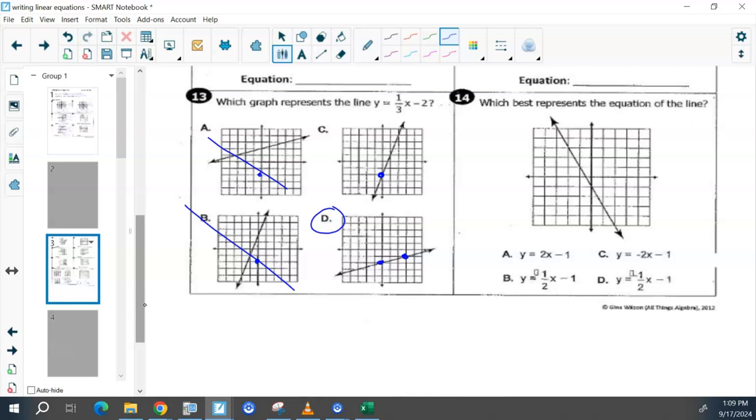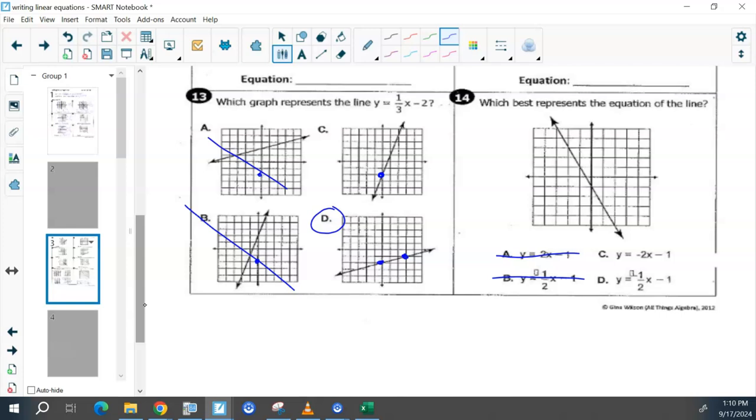Okay, questions on that? Okay. 14. Similar, but different. Now we have a graph, and we have to look at which of these equations matches. You can't eliminate based on the y-intercept because they're all the same. But we can look at if it's going to be positive or negative. So would this line be positive or negative? Negative. So I can get rid of the positive ones.